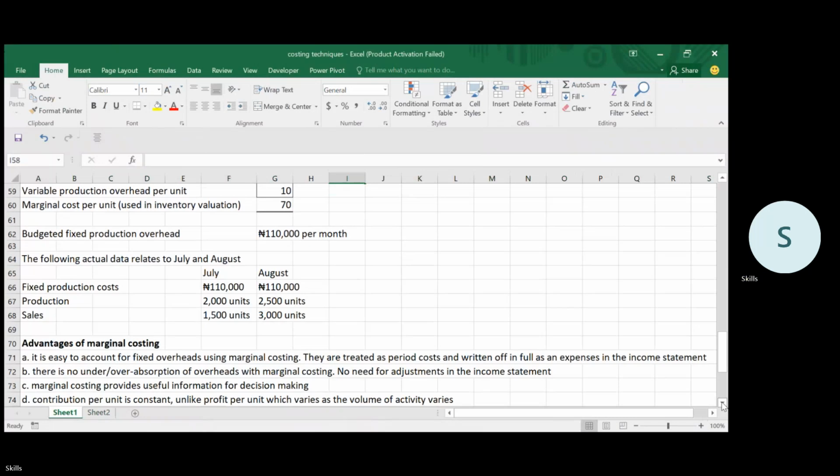July, fixed production cost 110,000. Production 2,000 units. Sales 1,500 units. August, fixed production cost 110,000 is fixed. Production 2,500 units in August. Sales 3,000 units in August.